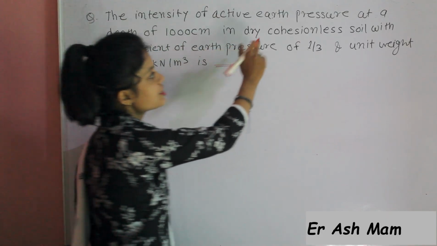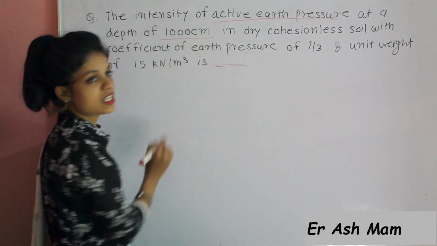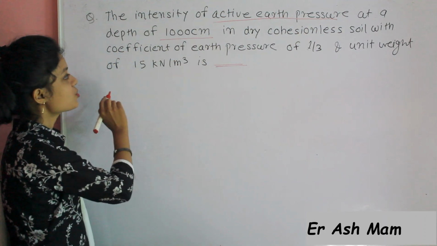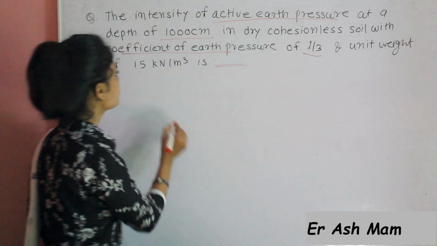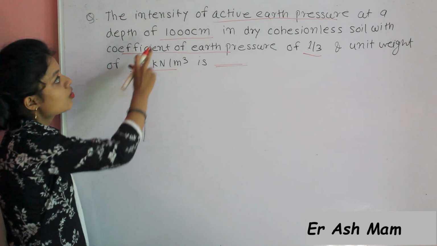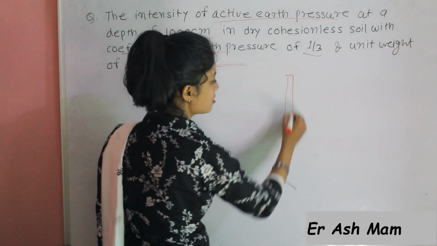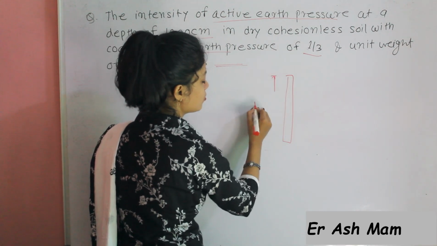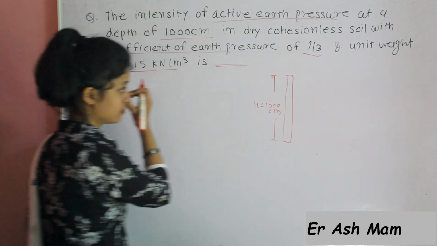Next, the intensity of active earth pressure at a depth of 1000 cm in dry cohesionless soil with coefficient of earth pressure of 1/3 and unit weight 15 kN/m³ is. What is given? Depth h equal to 1000 cm is given.